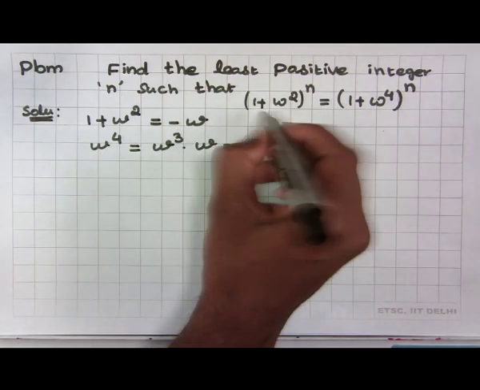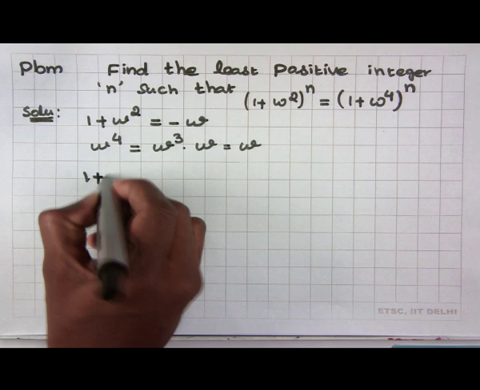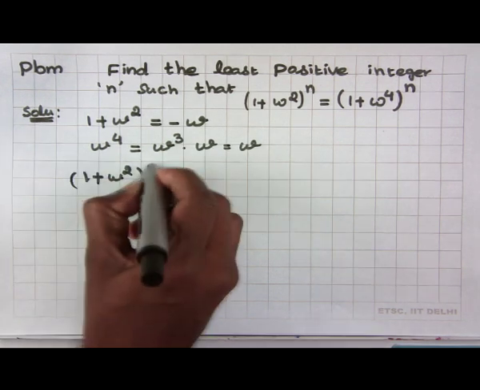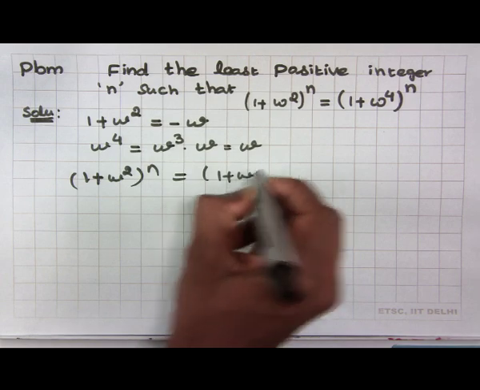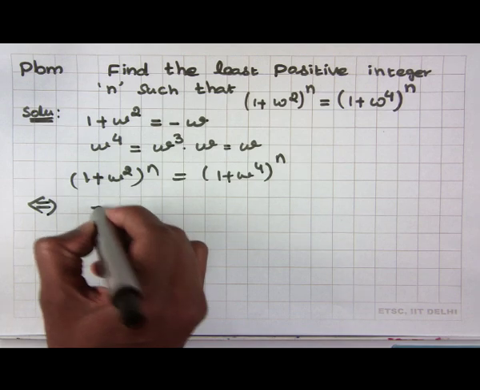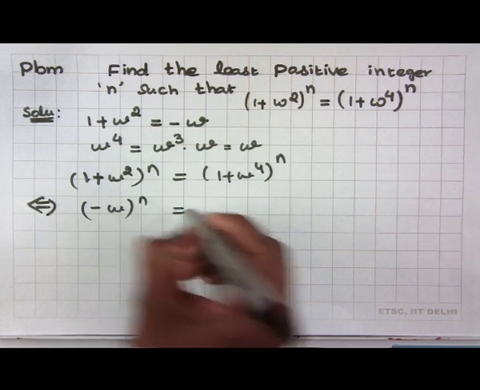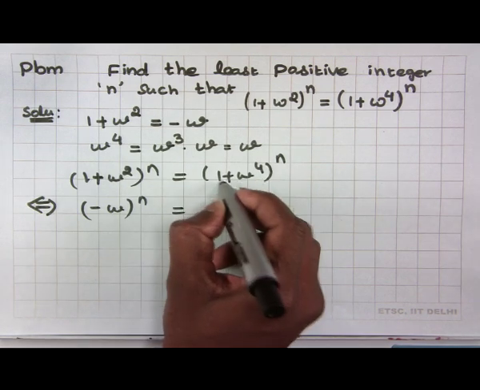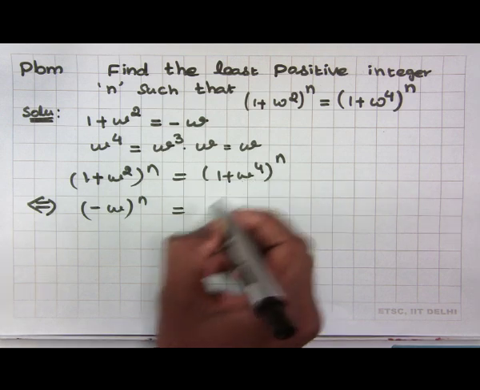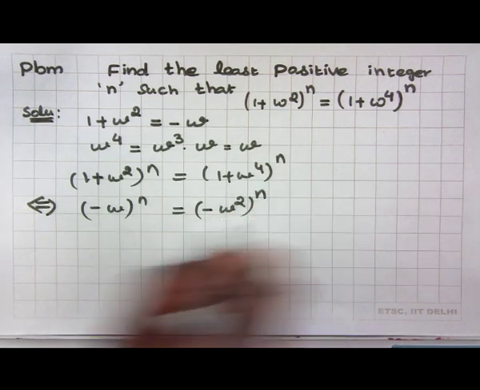So, this expression, 1 plus omega square power n, satisfies if and only if this is minus omega power n, and this term 1 plus omega is minus omega square power n.